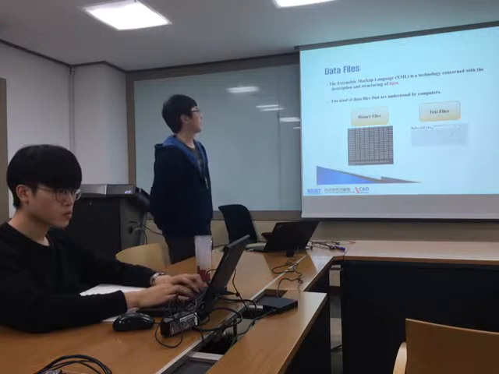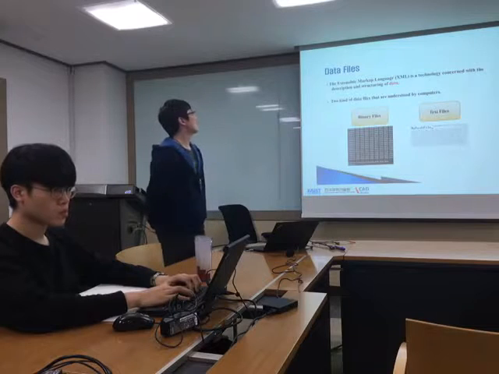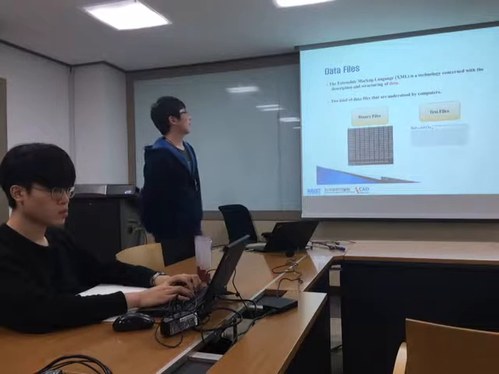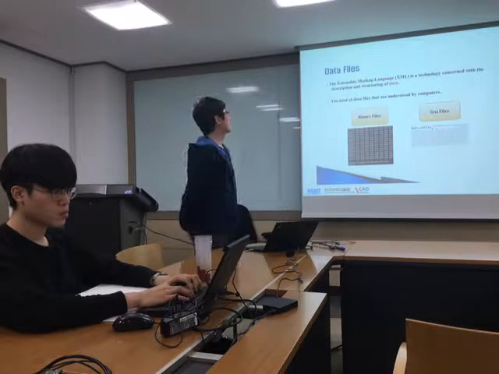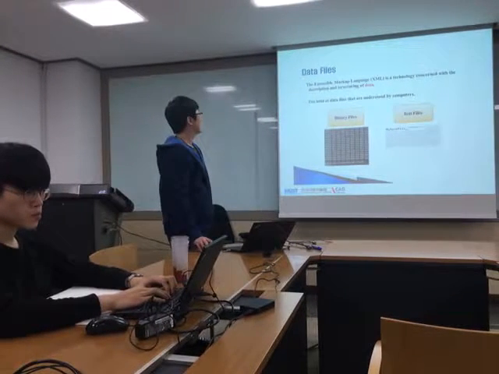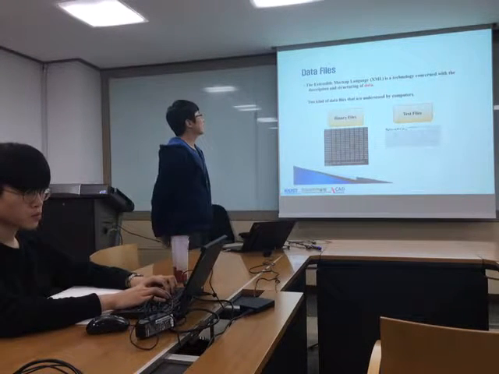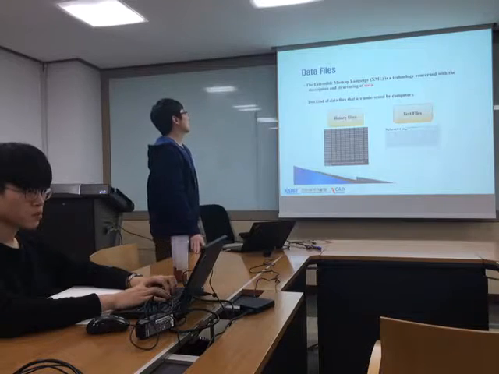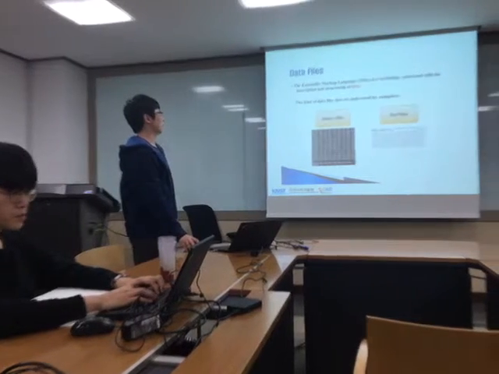And next is XML2. There are 2 types of data files. One is binary files and the other is text files. And XML is a technology concerned with the description and structuring of data.